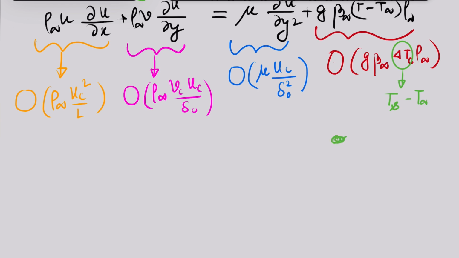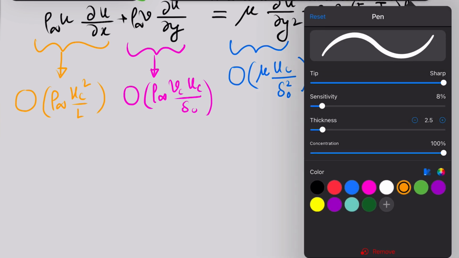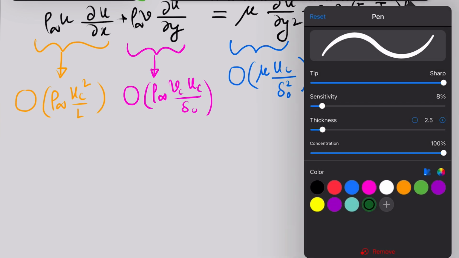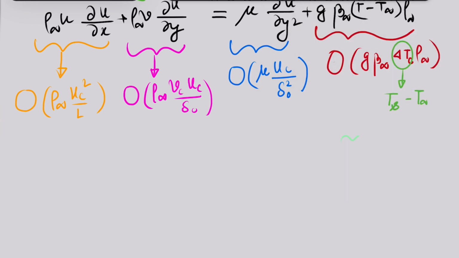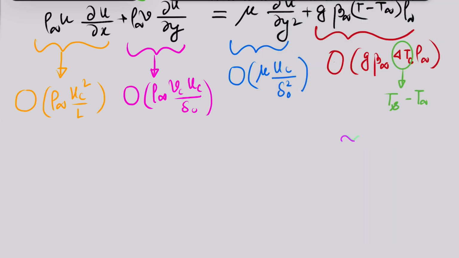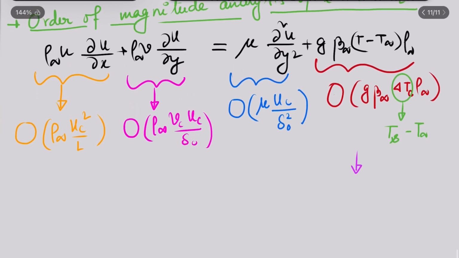I will write this with a unique color. This is too much light. Red I have also used. Violet is fine. So this is called the buoyancy term.